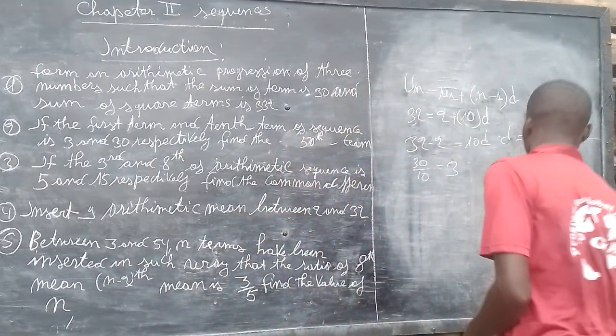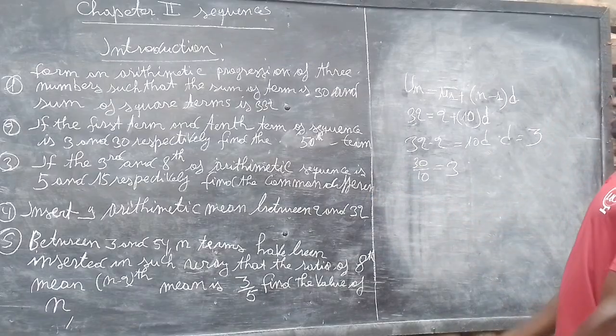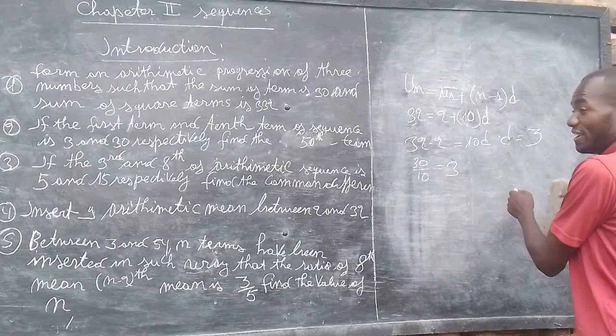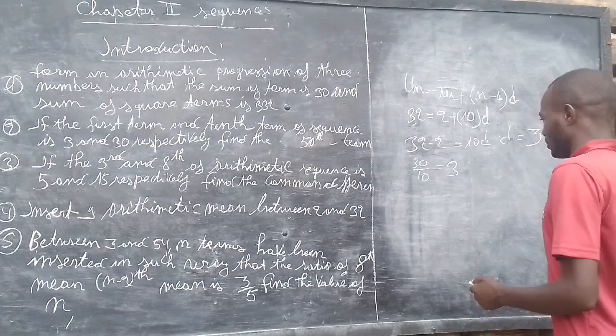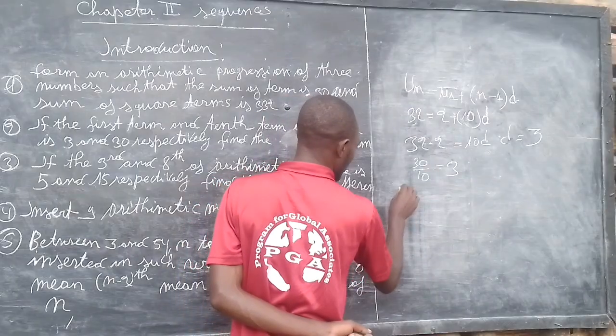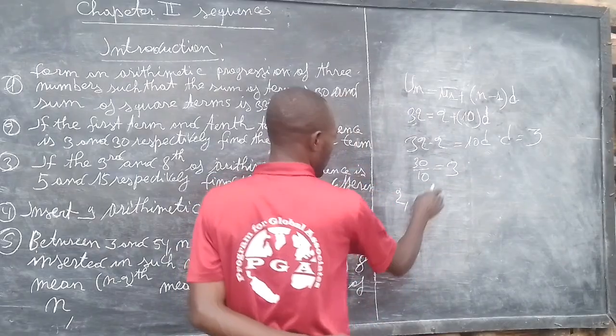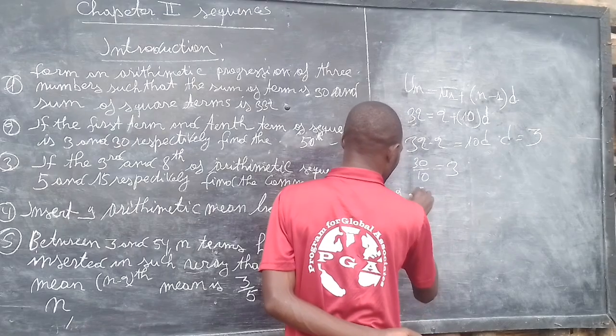So, let's use our common difference to determine those specific numbers between 2 and 32. Here we have 2. Plus 3, we have 5.